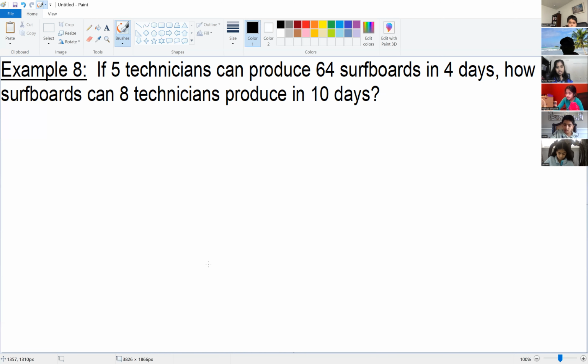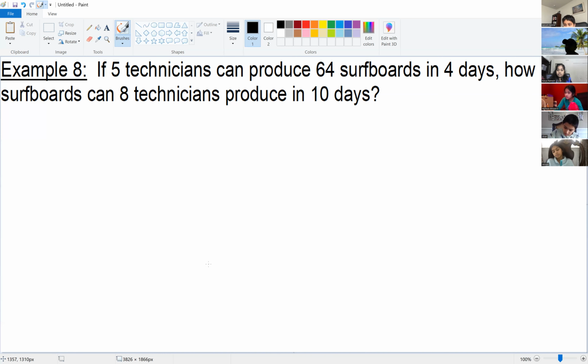Since 5 technicians can produce 16 surfboards every day, 1 technician could produce 3.2 surfboards every day. Then since we have 8 technicians for the second part, you'd multiply that by 8, and I got 25.6. Since they have 10 days to work, they would produce 10 times the amount. So I got 256 surfboards.